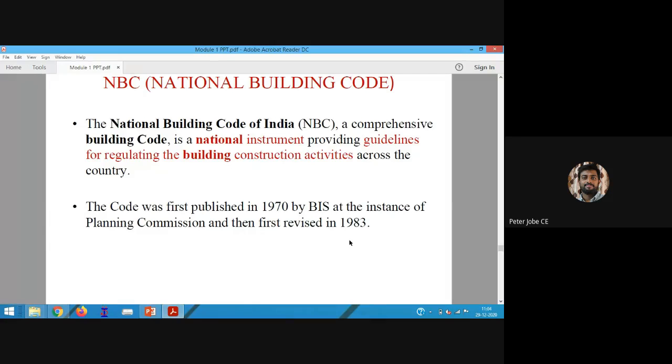BIS has several codes for several materials. Suppose we are going to construct a building in an earthquake-prone area, we'll have a separate code for that. Earthquake codes are there. And if you're going to construct in a coastal zone, there are some codes for coastal zones.